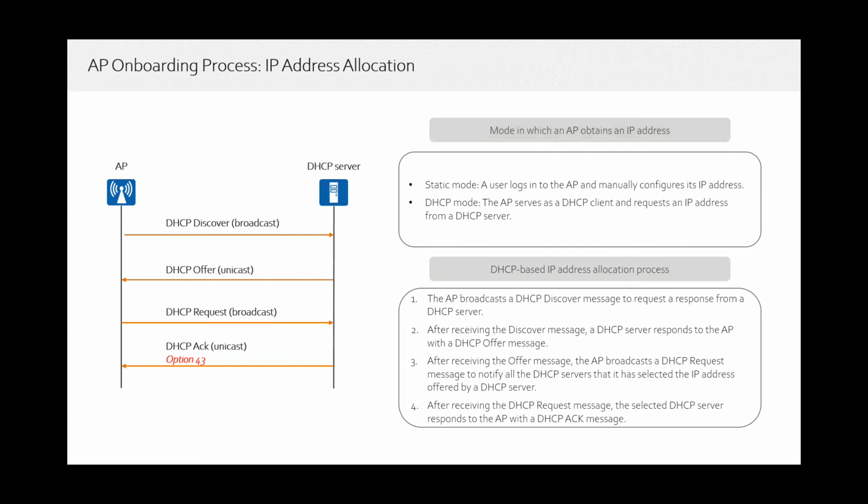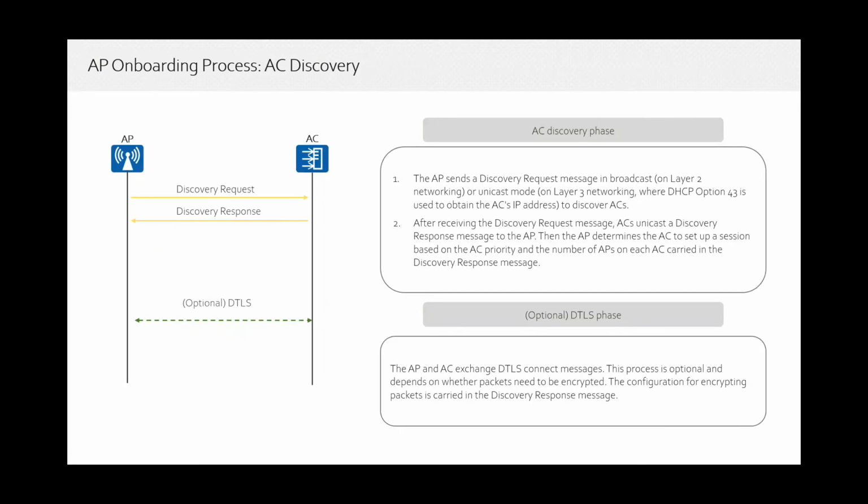After obtaining an IP address, the AP starts to search for an AC. If the AP and AC are deployed on a layer 2 network, the AP can broadcast packets to discover the AC. In this case, you do not need to specify the IP address of the AC.